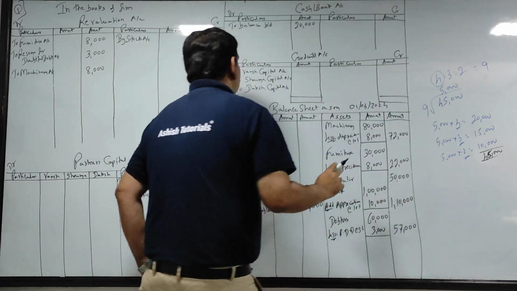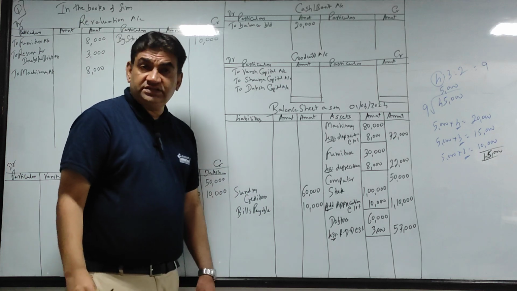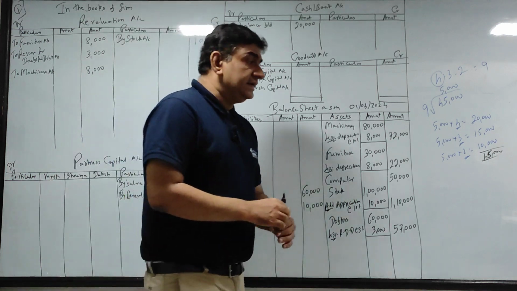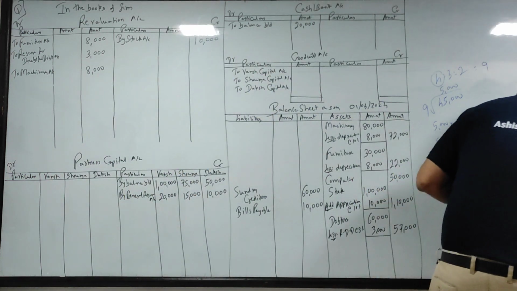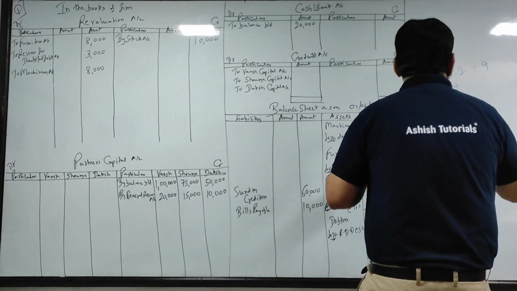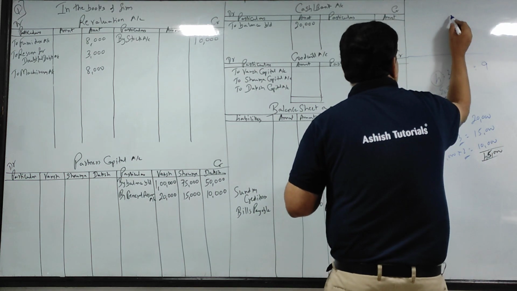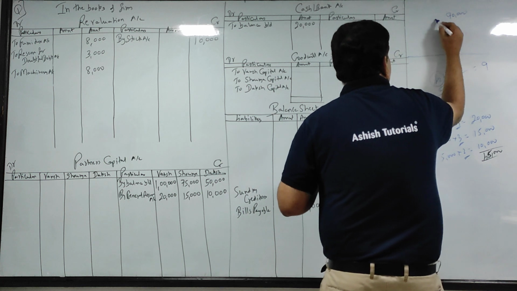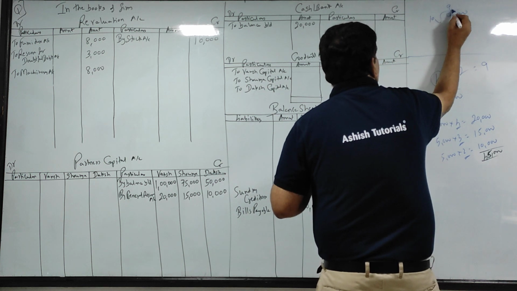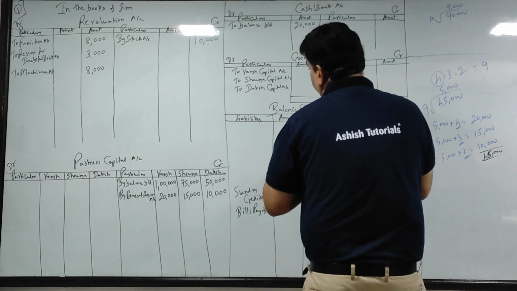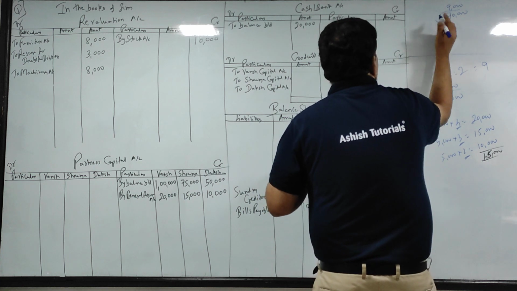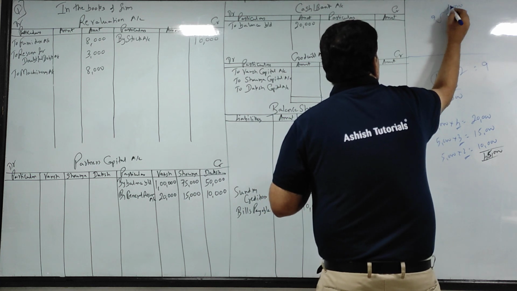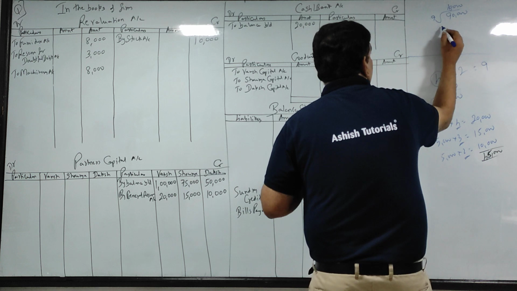Goodwill में to Shourya, to Vansh, to Shourya, Daksh. Now see कितना amount? 90,000. Correct? Same thing. 90 है. 90,000 को 9 से डिवाइड करो. 432 9. So you get 10,000.